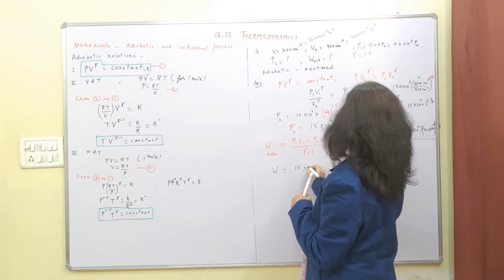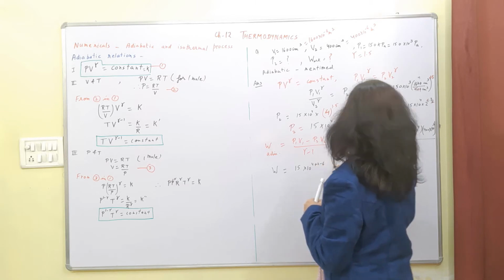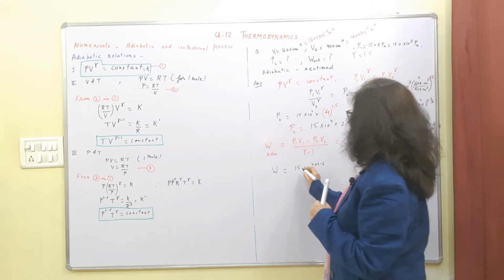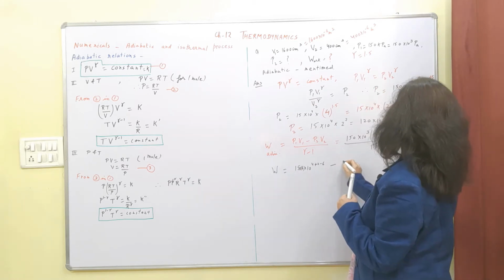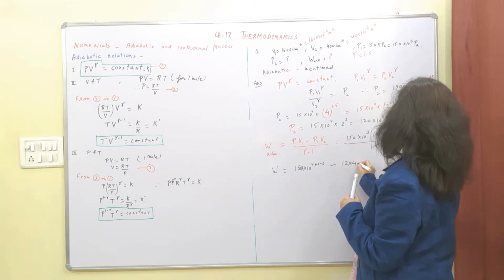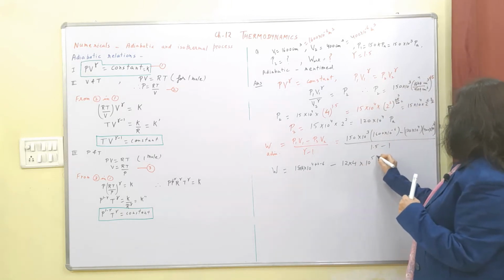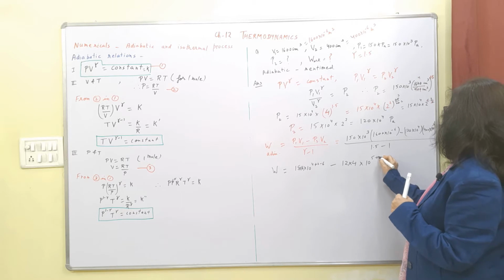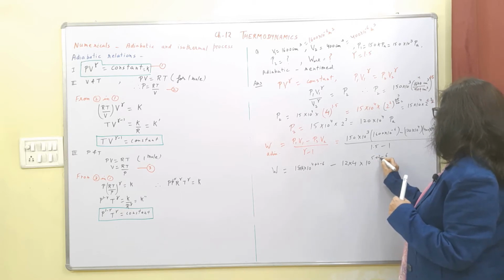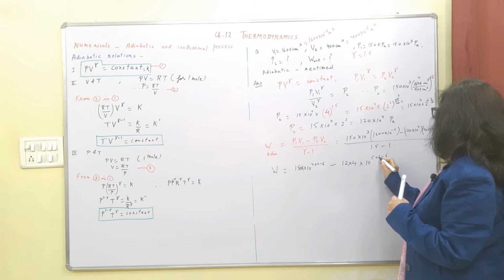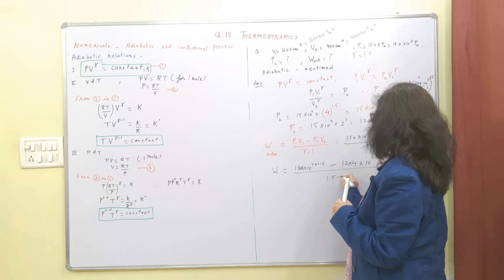115 into 10 to the power 4 plus 2 minus 6 into 16 minus 12 into 4 into 10 to the power 5 plus 2 minus 6, upon 1.5 minus 1.